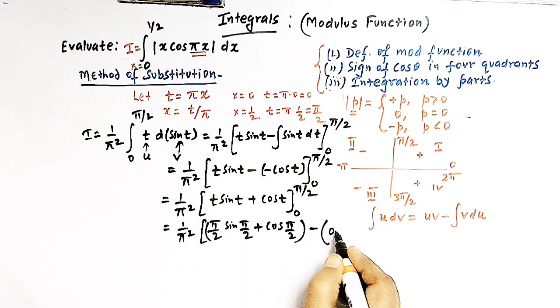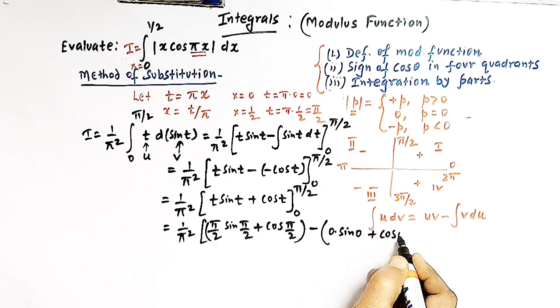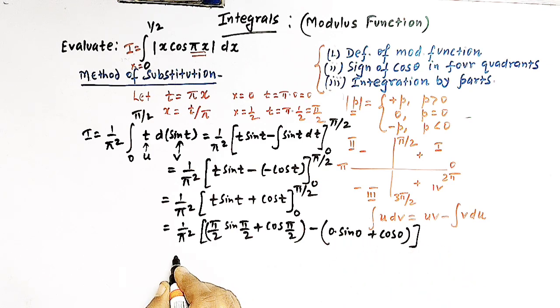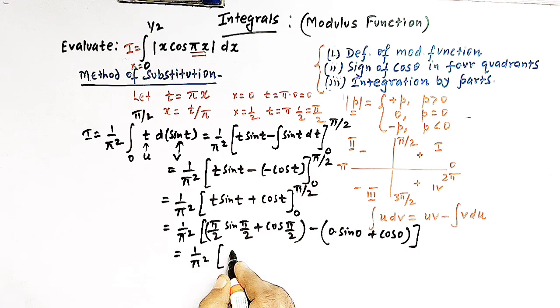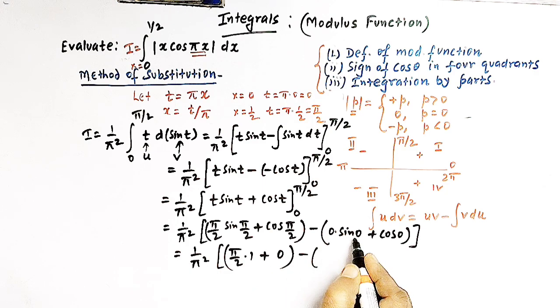Then here we have 0 times sine 0, and then cos of 0, right? Okay, now let us simplify it. So 1 over pi square, and here we have sine pi by 2 is 1. So we have pi by 2 times 1, and cos pi by 2 is 0. And here this term is 0, sine 0 is 0, and then we have cos 0 is 1.